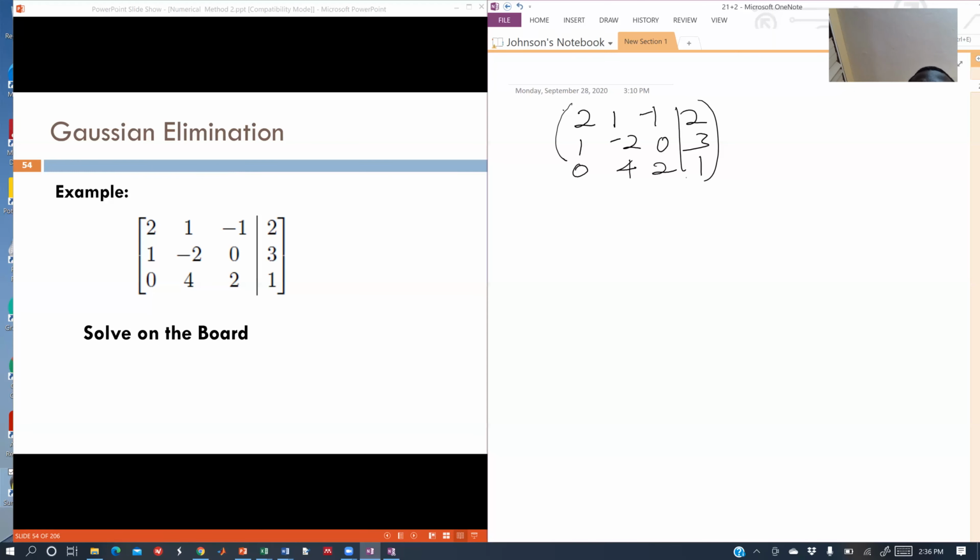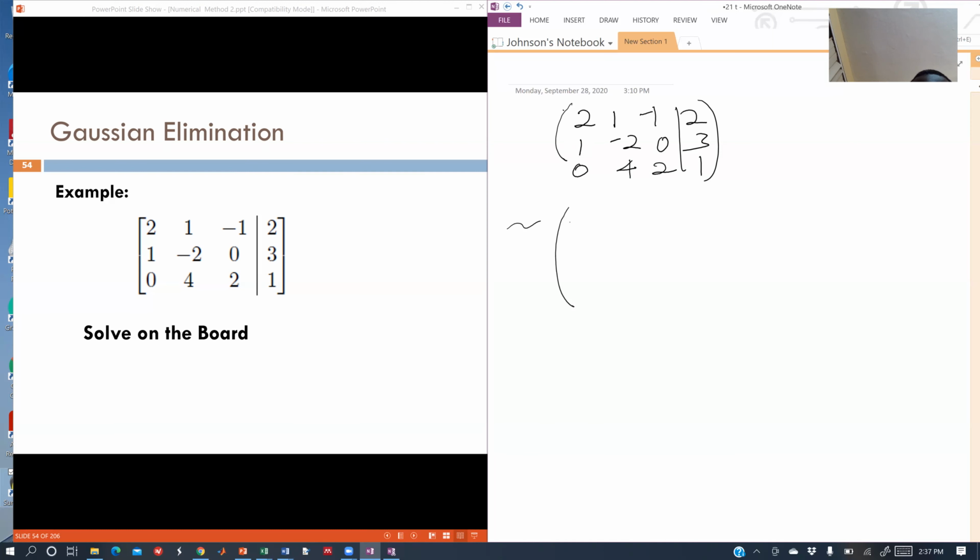This is the system in augmented form, and we want to solve the system using Gaussian elimination. So as you are aware, we need to just do row replacement of the second row. And the idea is to make the 1 here go to 0.